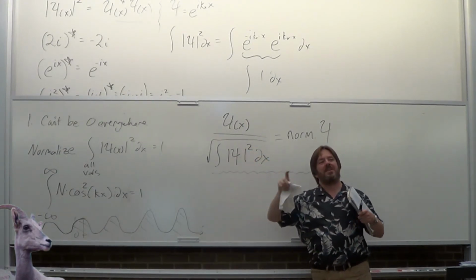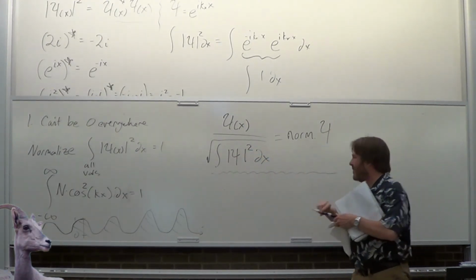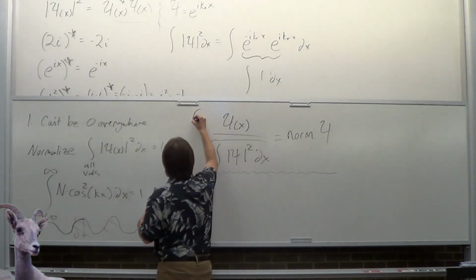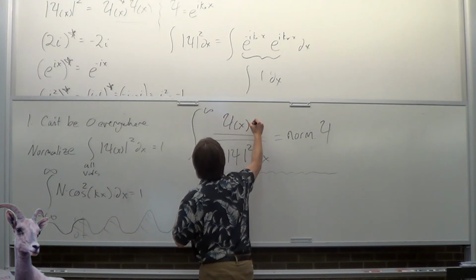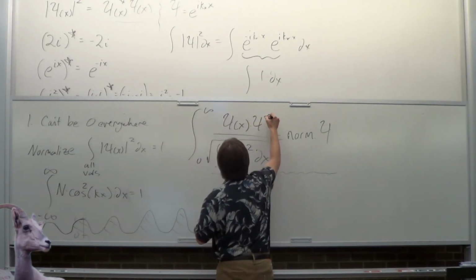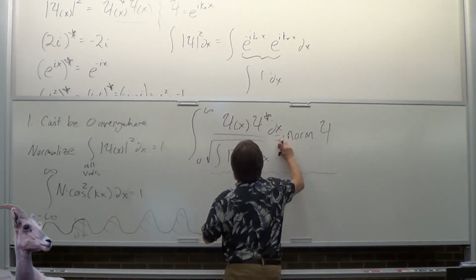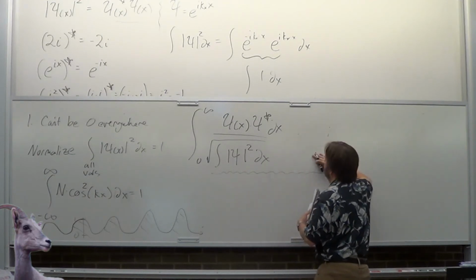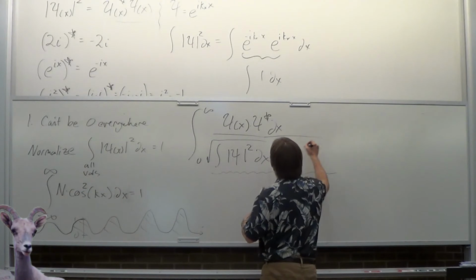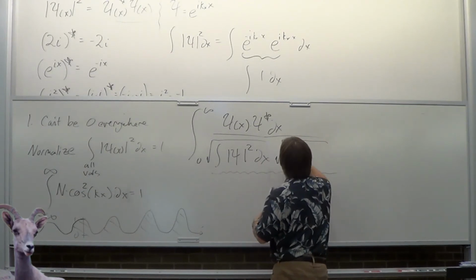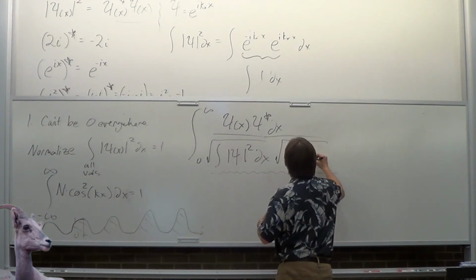Yes, you would technically get the number 1. Okay. Right? Because if I want to see if it's normalized, what I end up with is, I have to square the normalization constant.